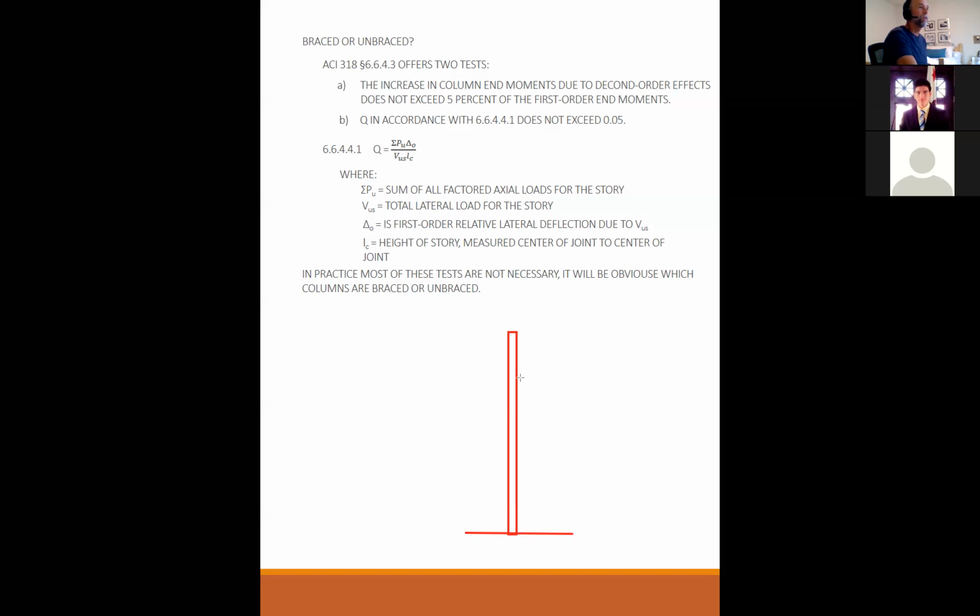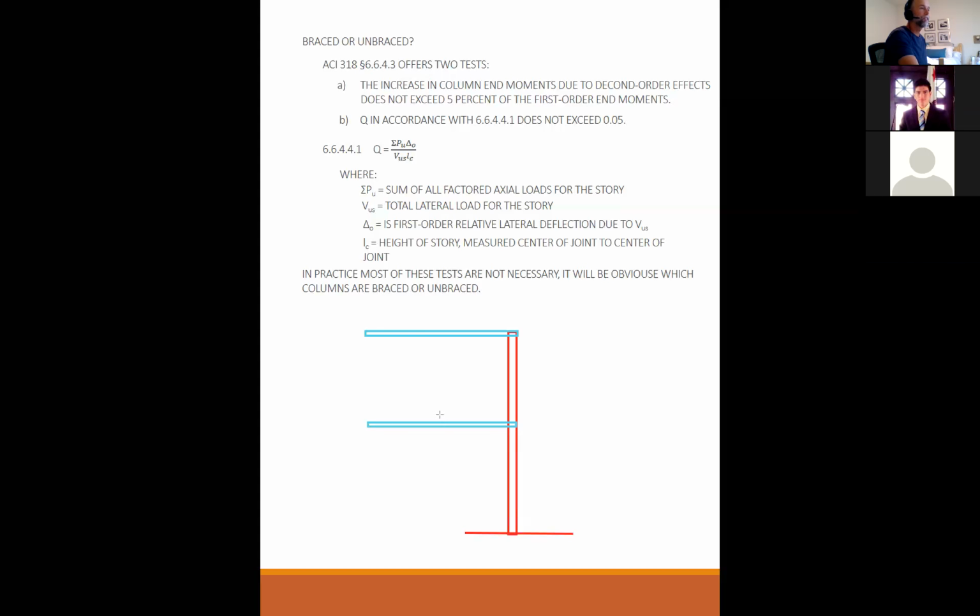If this column was part of the moment frame, then it would just be hands down an unbraced column, because moment frames rely on their own stiffness to keep themselves up. So generally speaking, we're talking about a column that is not part of a moment frame, but may have a concrete slab that is cast around it.